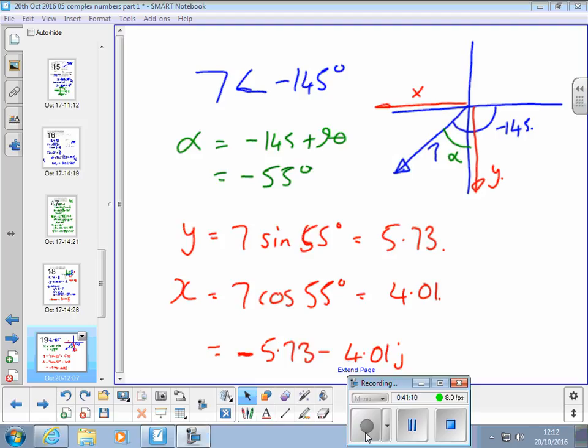You can't rely on putting minus 55 degrees in the calculator. But when you use the conversion that I'm going to show you in a minute, that'll do that all in one go, and that'll give you that answer. So that's the manual way to do it, but it does rely on you knowing about the 4 quadrants and how the complex numbers fit into that.